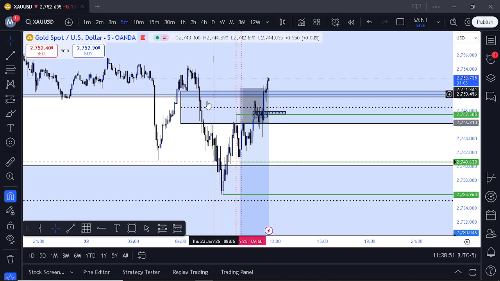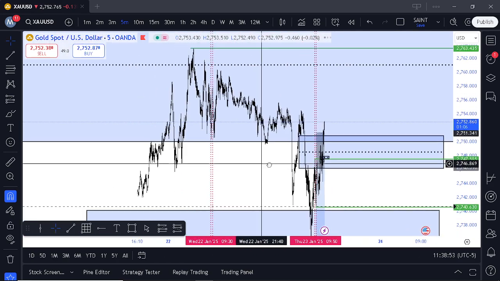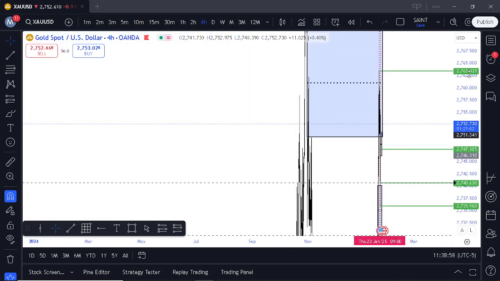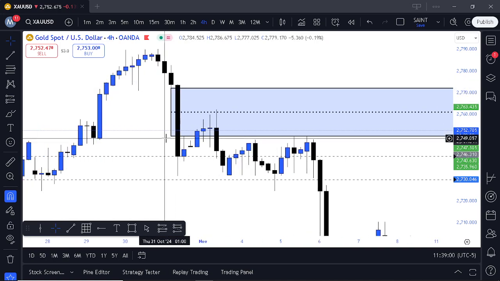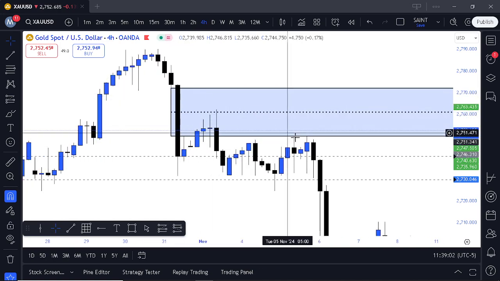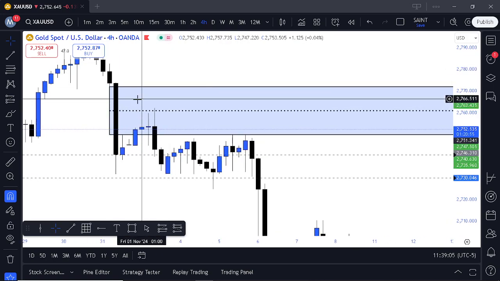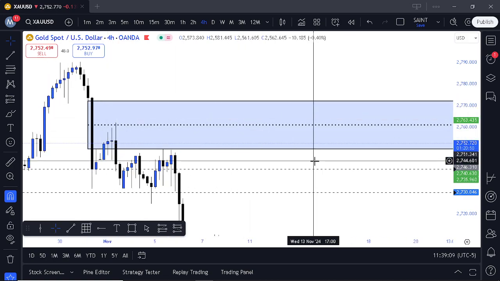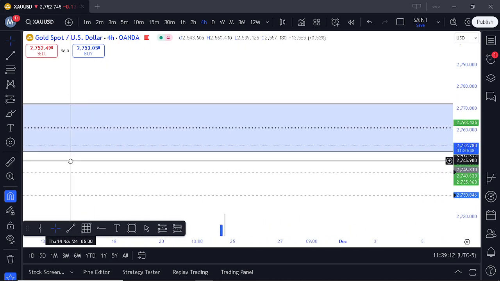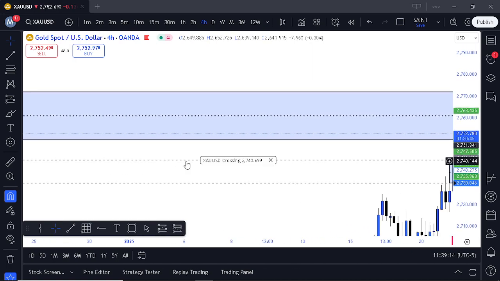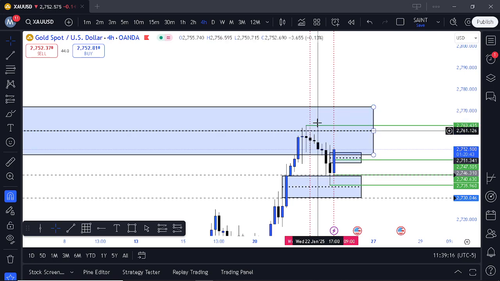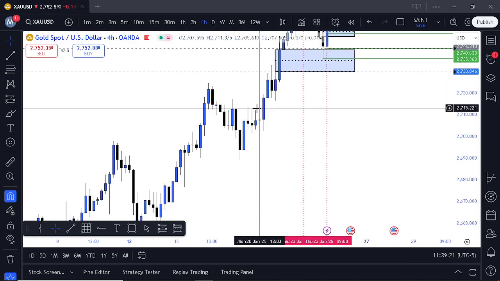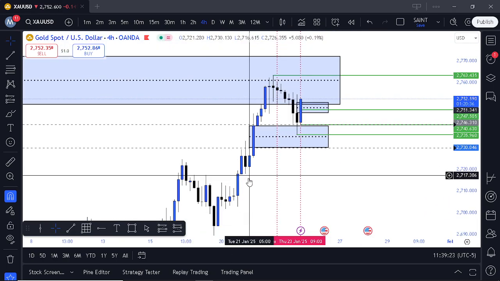Another reason why my bias was bearish instead of bullish is that on the 4 hour chart, there's this big bearish imbalance right here. I was thinking once price fills it, it's going to reverse down and go for these lows right here, because these are like low resistance liquidity.